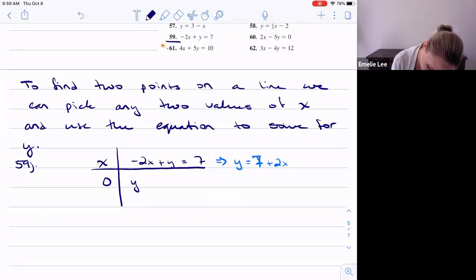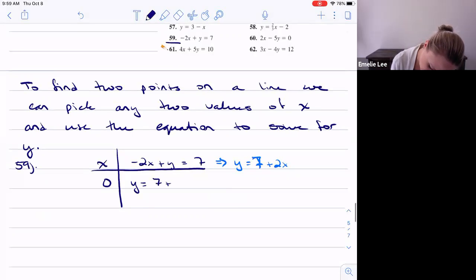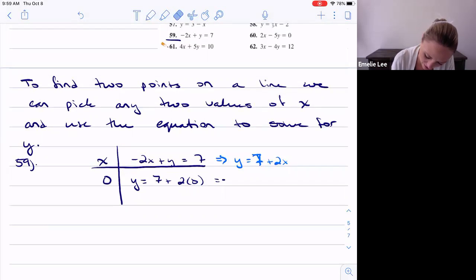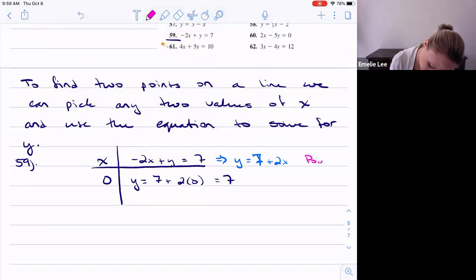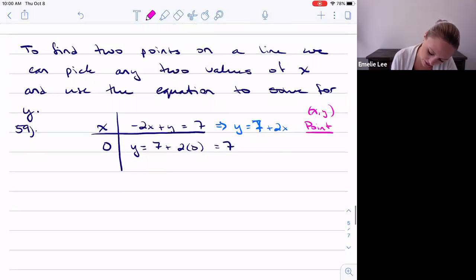So then we have y equals 7 plus 2 times 0, which is 7 plus 0. So then I'm at 7. So then the point, in x comma y, so as an ordered pair, is 0, 7. When x is 0, y is 7.